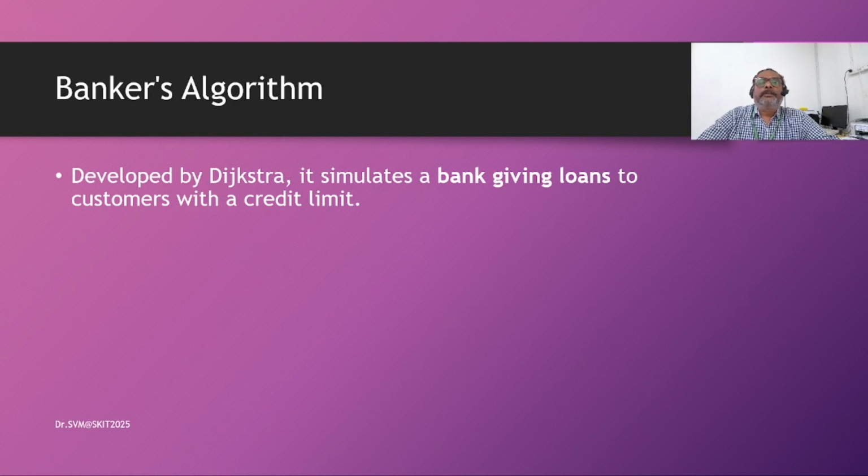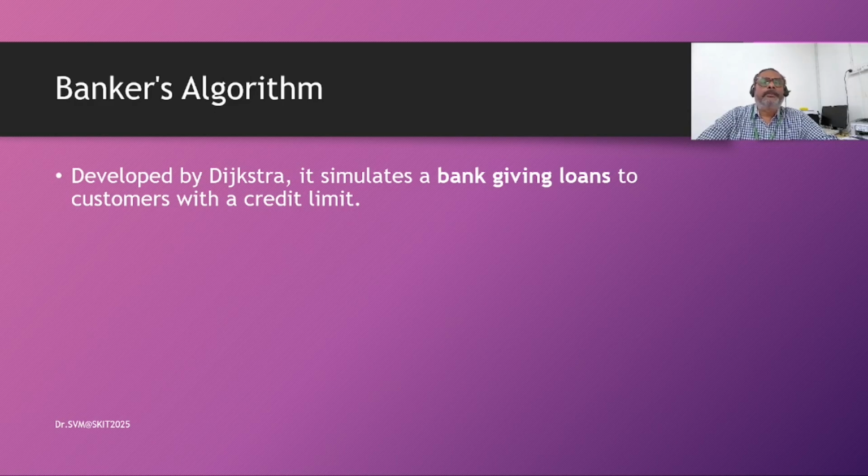No customer should be told no for reasons of not having funds or any other such reasons. Only a customer who is out of the credit limit can be rejected, but not on normal grounds. So that's the algorithm developed by Dijkstra, used for a banking system, and hence the name Banker's Algorithm.